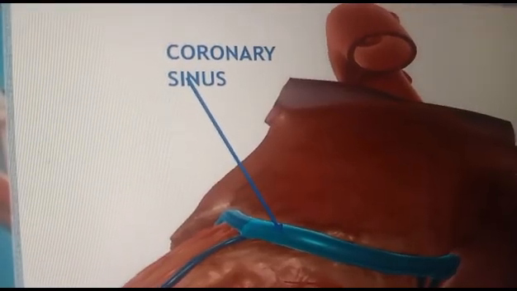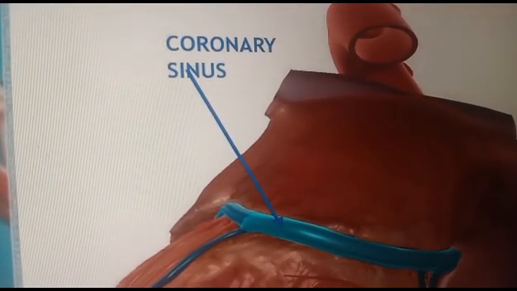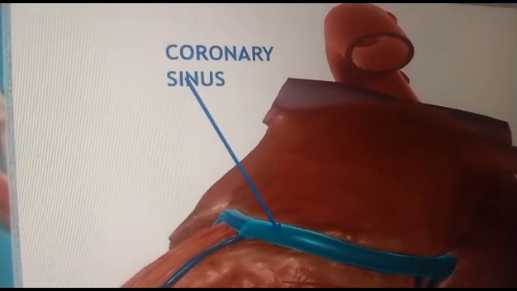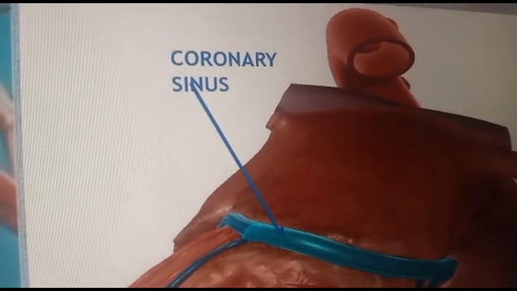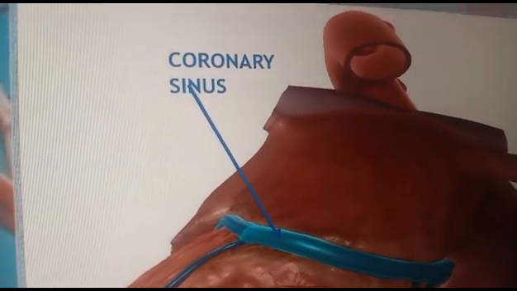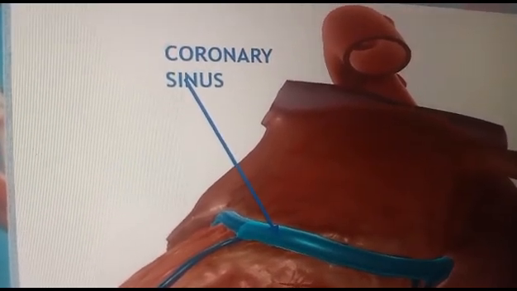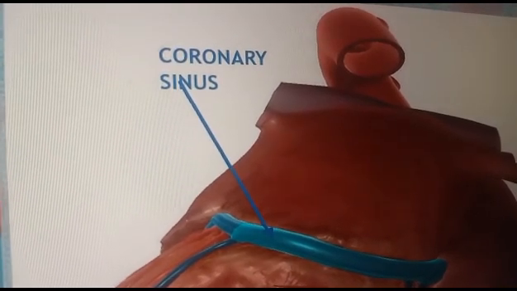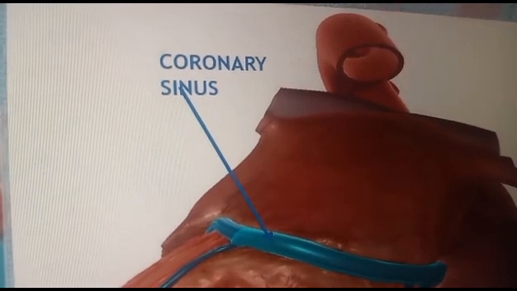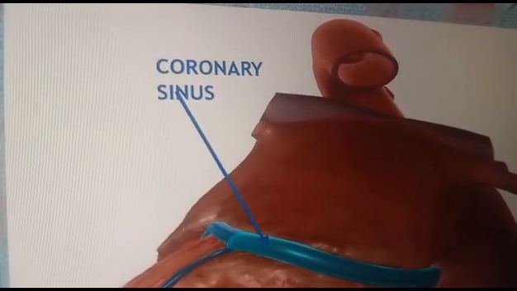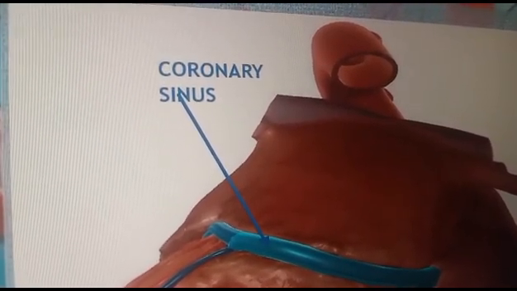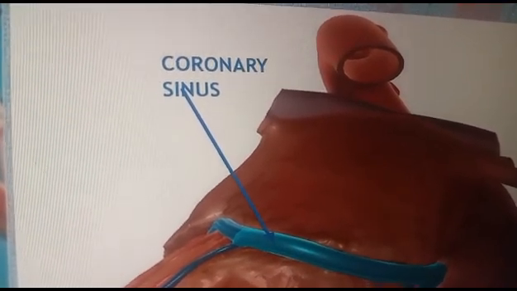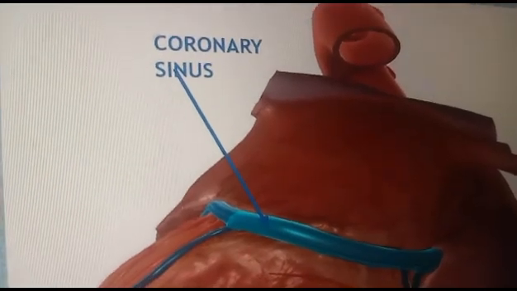The great, middle, and small cardiac veins are connected to the posterior of the left ventricle and the right atrium by the coronary sinus. This coronary sinus is the largest vein inside the heart and plays a key role in procedures such as left ventricular pacing, or implanting a pacemaker to stimulate the left ventricle. So that's the function.